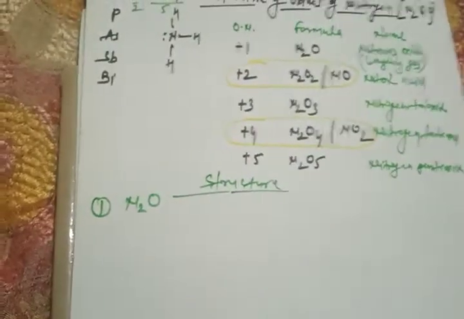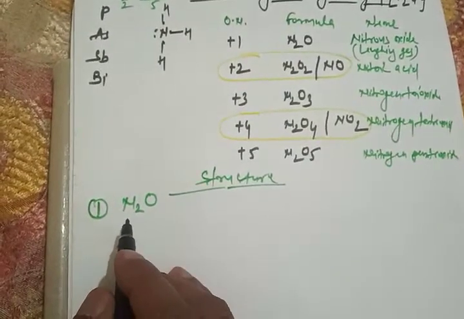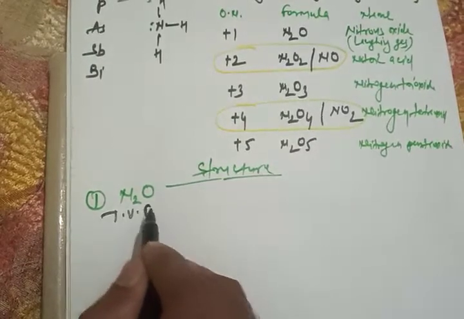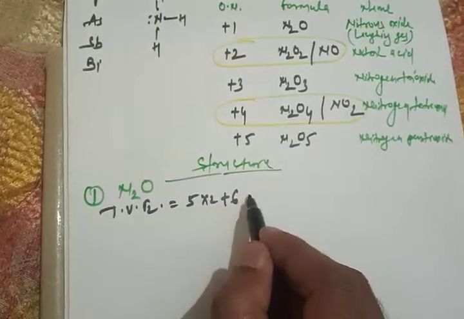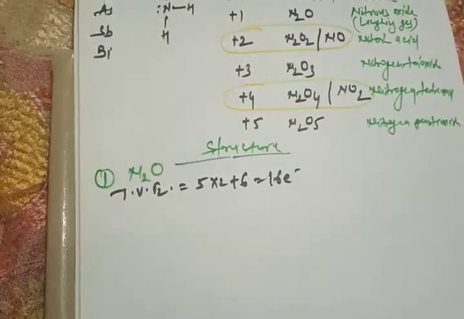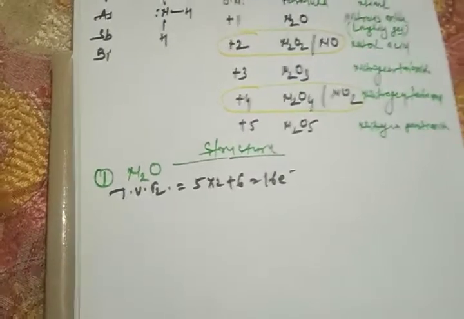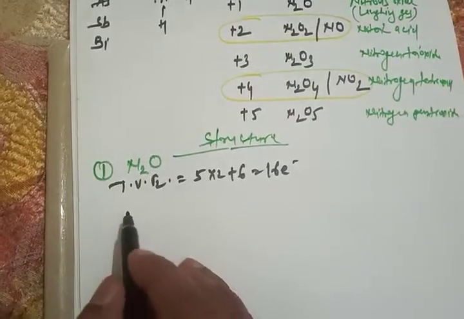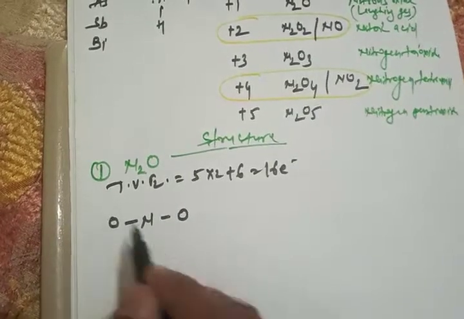As you know how we draw the Lewis dot structure, we first count the total valence electrons. In this case it is 5 into 2 plus 6, that means 16 electrons in total. We have 2 nitrogen and 1 oxygen, so 1 nitrogen is in the center, bonded with an oxygen on one side and another nitrogen on the other.